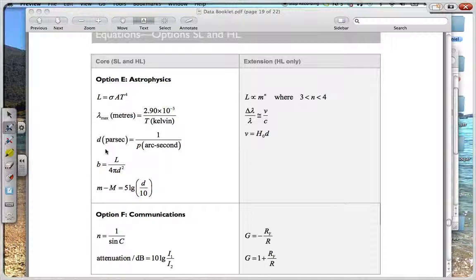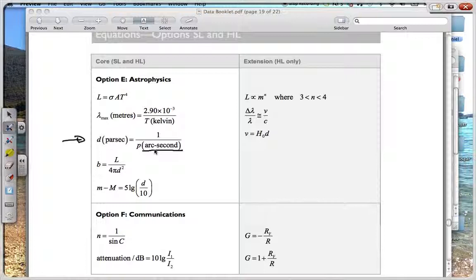Now this law over here, this is the parallax, when stars shift by a certain amount in the sky as the Earth revolves around the Sun, and that shifting is given in arc seconds, the angle arc seconds, which, as I mentioned before, is 1/3600th of a degree, in radians.